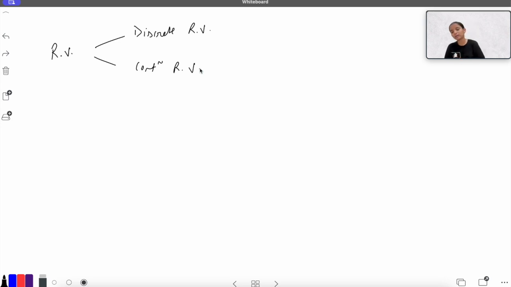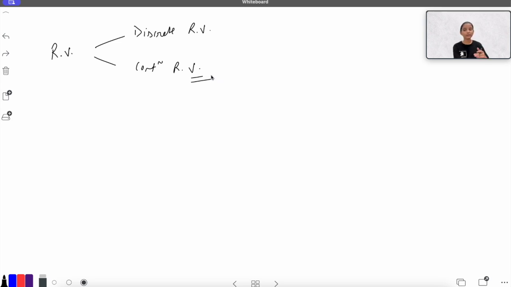Whenever my random variable is taking a countable number of real values, then it is a discrete random variable. And a continuous random variable is when it can take all real values under a certain limit. Okay, like minus infinity to infinity, 0 to 1. Okay, it can take all real values.